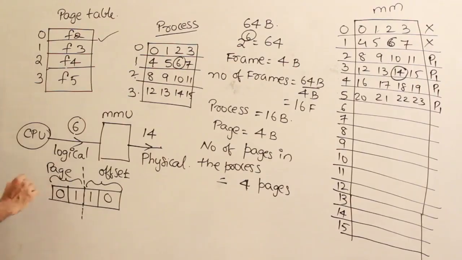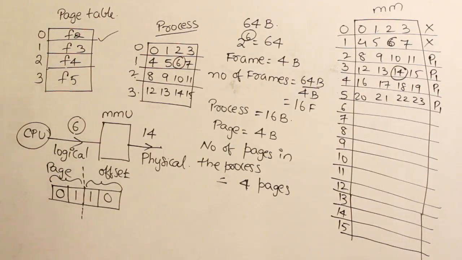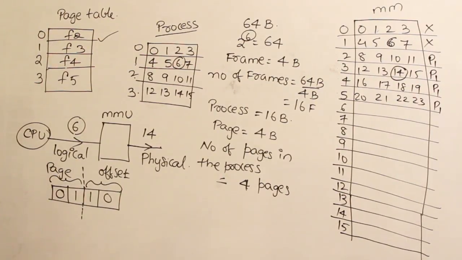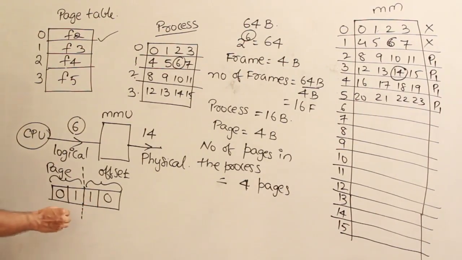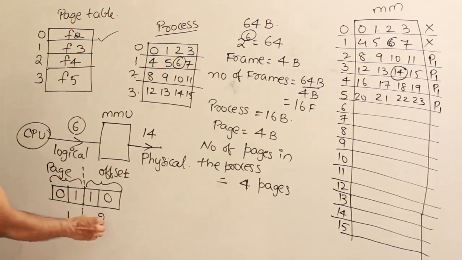Later I'll show you how to do this in general, but since it is a simple one, I'm doing it easily. So the byte number 6 is present in page number 01, and 01 means 1. So it is present in page number 1, and it is byte number 2, since 10 means 2. So these are nothing but page number 1 and byte number 2, right?